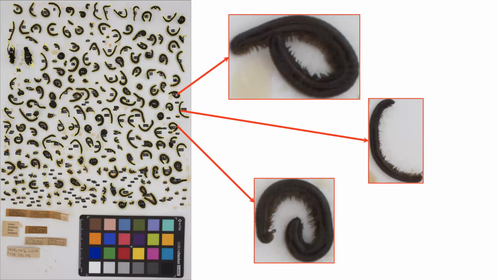And so we use some software. It's an implementation of ImageJ called Fiji. And Fiji just stands for Fiji is just ImageJ. And so we are able to pull out for each individual in the image information about that individual.